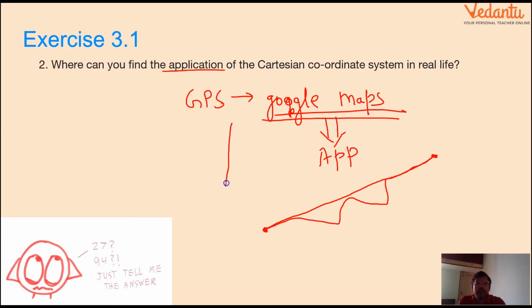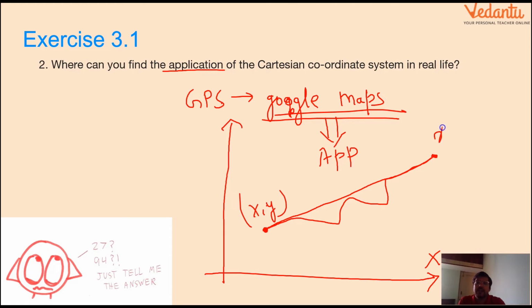Say for example, Google Maps will also use this coordinate geometry system, x-axis and y-axis. It will locate your position, that you are first at x comma y coordinate and someone else is at x2 comma y2 coordinate, and you have to move from this point to this point. So how much time, how much distance is it going to be?